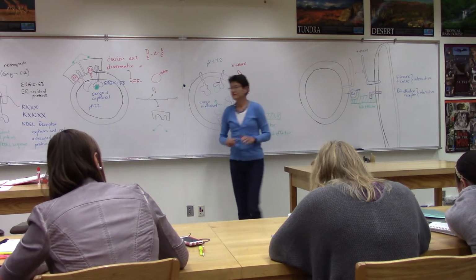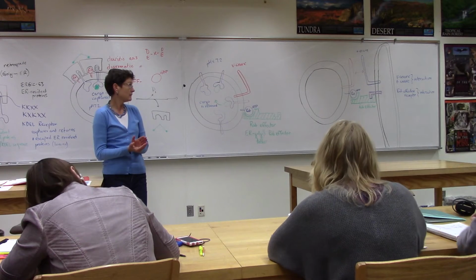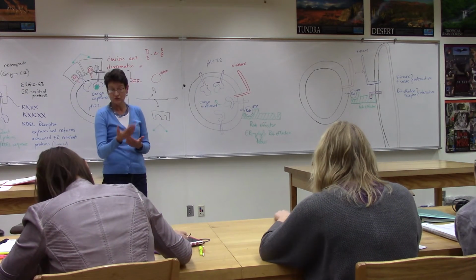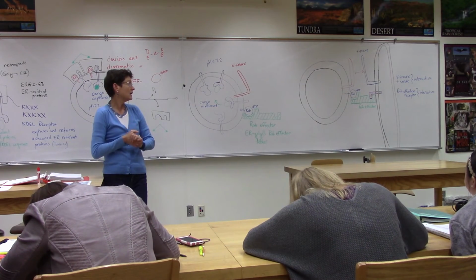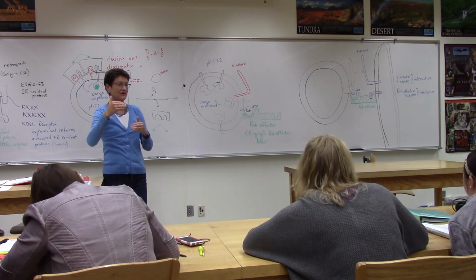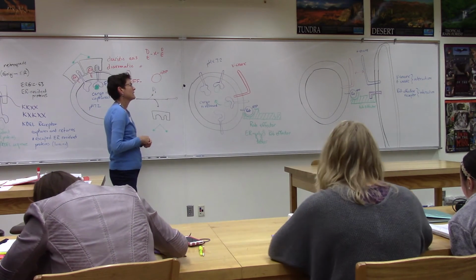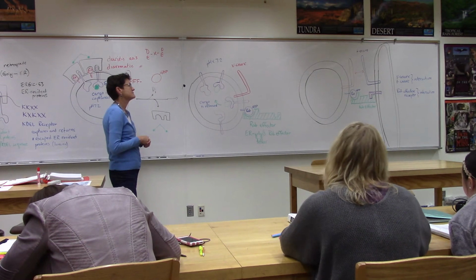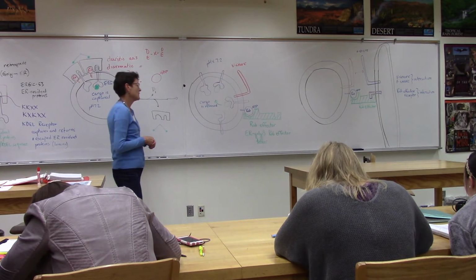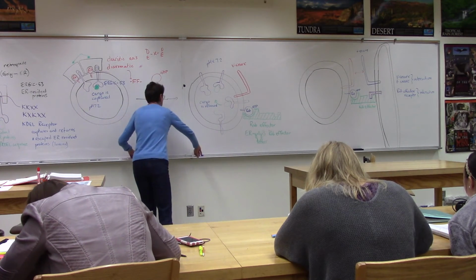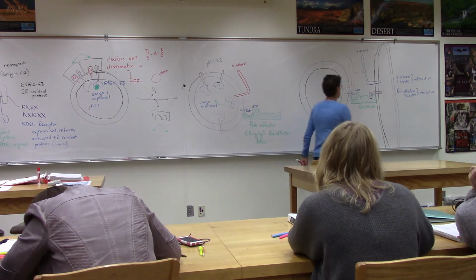I'll stop here for a minute to see if there are any questions. Okay, so the V snare binds to the T snare. The RAB effector binds to whatever receptor is on the ERGIC, okay? So we have a dual match. We know it's the right match when we have these interactions going on. And when the V snare and the T snare come in contact with each other, they get tangled up.